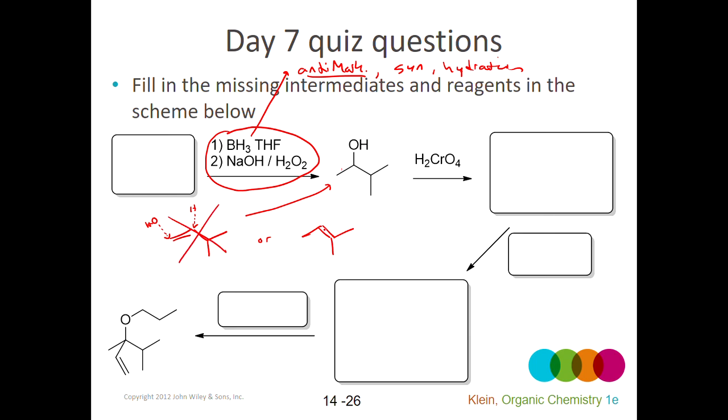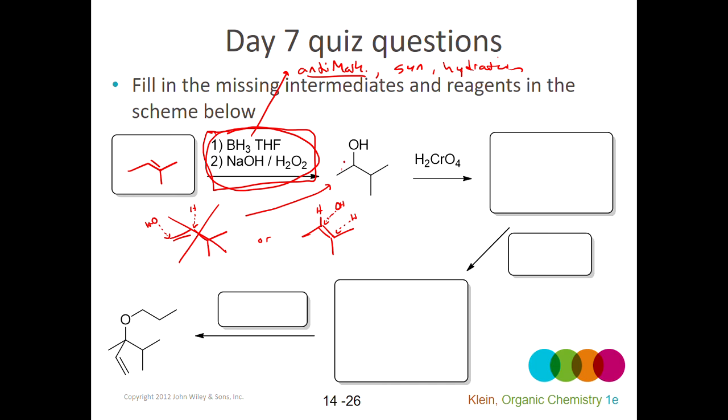If I start with this alkene, since there's already a hydrogen here, anti-Markovnikov hydration conditions, which is what we're using here, would cause a new hydrogen, the OH, anti-Markovnikov, the OH would go to there, and the hydrogen would go to here, and that would give us the product. So that must be the correct alkene. If we know the alkene's going to undergo anti-Markovnikov hydration to produce this alcohol, this has to be what the alkene would have looked like.